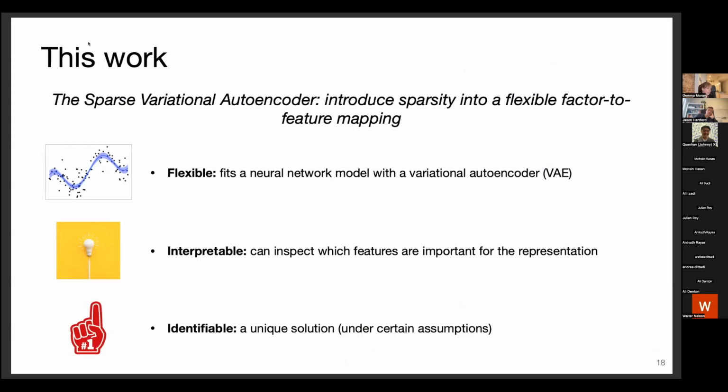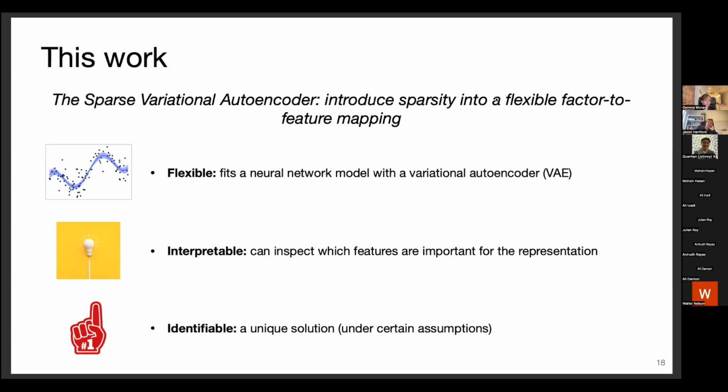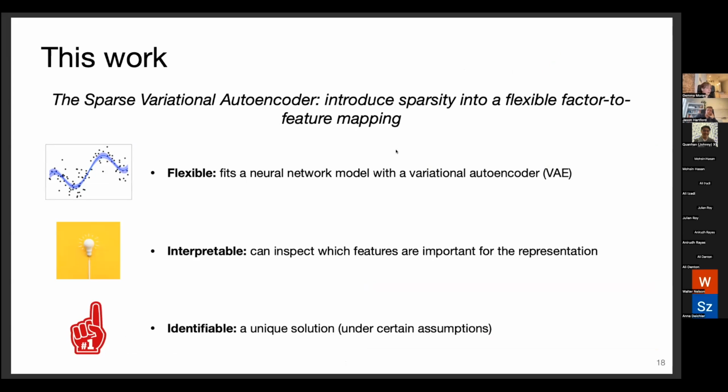Okay, so just as a summary of our proposal, the sparse variational autoencoder: we introduce sparsity into the flexible factor to feature mapping. As I mentioned before, we're looking at the edges from Z to X and placing sparsity there.